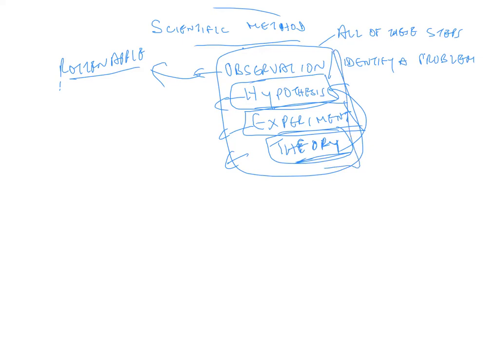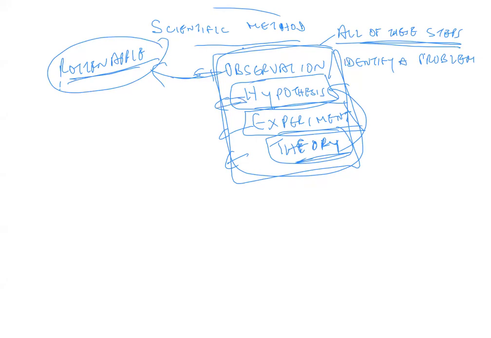I would suggest you remember these steps, and remember what an observation is, understand that a hypothesis is an educated guess, and then you carry out an experiment to confirm, accept or reject the hypothesis, and then you form a theory. So there'll be questions like that.